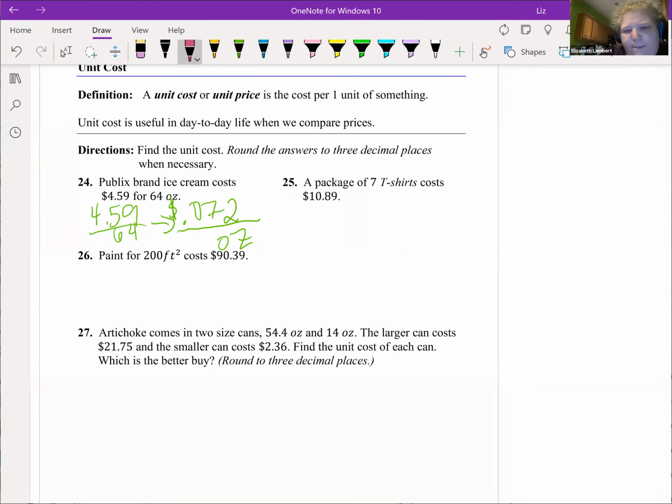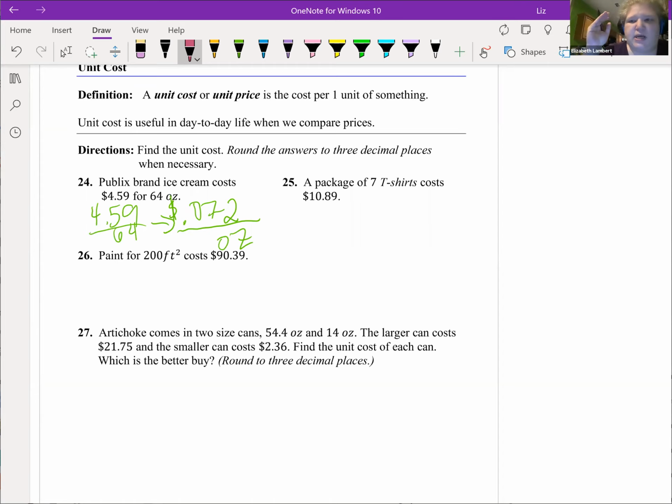All right, so a package of 7 t-shirts costs $10.89. All right, so how much is one t-shirt, roughly? Well, again, when we're finding unit cost, the money number goes on top, is usually the way we write it.